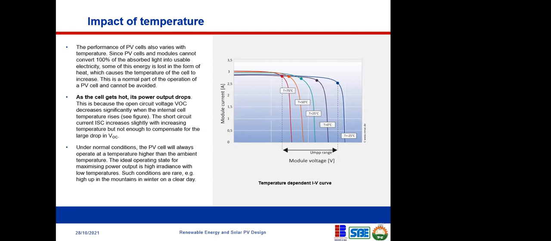There are certain locations where the sun might be out, but the temperature might not be so high, whereas in other locations the sun can be out and the temperature will be high as well. So if you go down to the south of Nigeria, the sun will be out very well, but the temperature will not be as hot as it would be in the north, maybe Borno or somewhere else in that region.